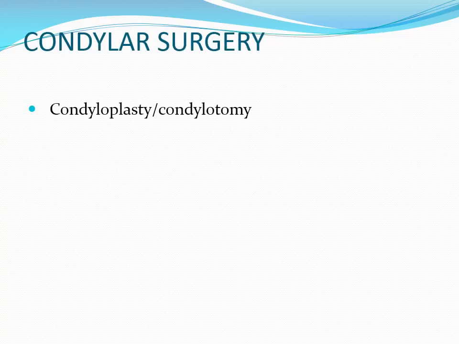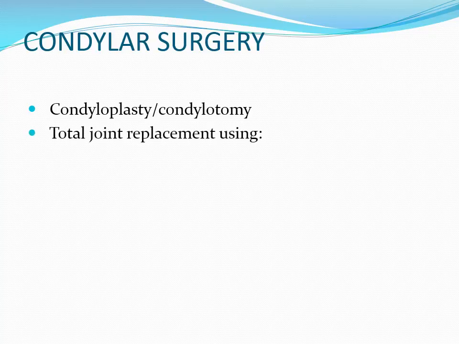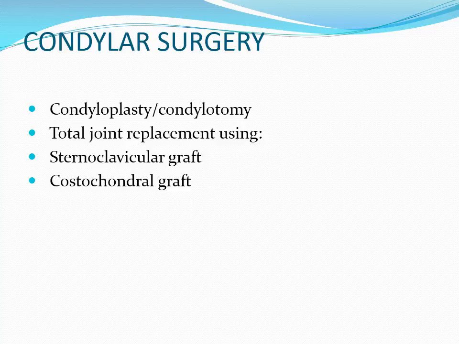The condylar surgery includes condyloplasty, condylotomy. Total joint replacement, we just replace the joint totally. Sternoclavicular graft, costochondral graft, these are the areas we can harvest the graft. Prosthetic replacement.